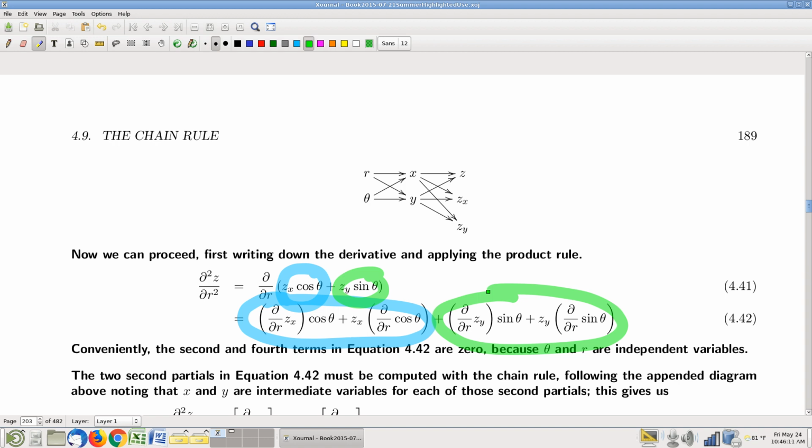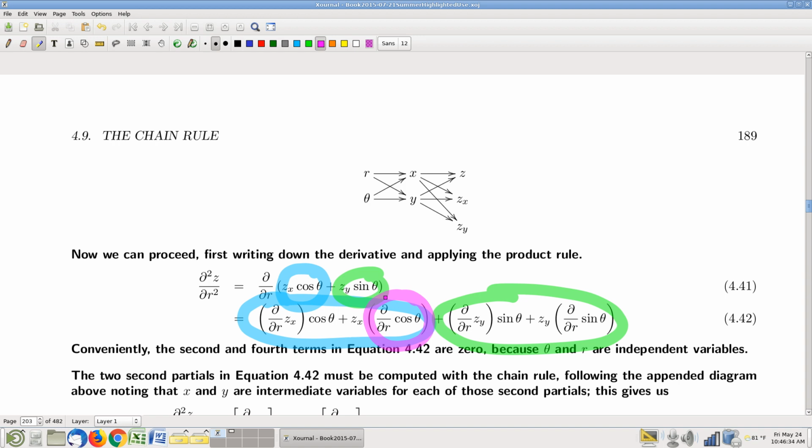Right. Now, there's a really nice simplification that you can notice. And that is, let's look at, for example, this. What is the partial of cosine theta with respect to r? Reminder, what does partial with respect to r mean?